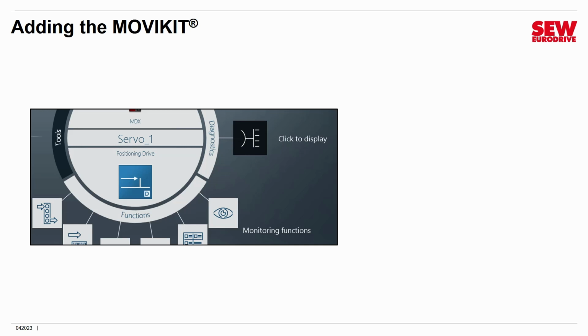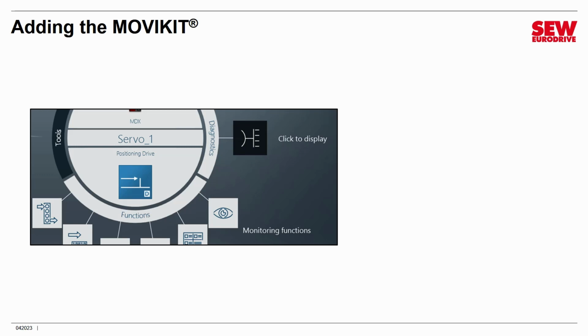You'll know you're successful when the symbol for the positioning drive appears at the bottom of the axis circle as it shows here. I don't think I've mentioned this before, but I'll point out that drive level MOVIKITs have a little D in the corner of the symbol. So those clue you into the fact that these are drive level and can be directly associated with the axis rather than controller level, which run on a separate controller.